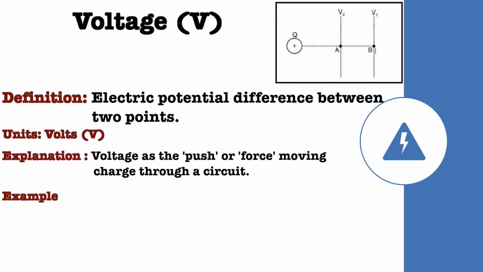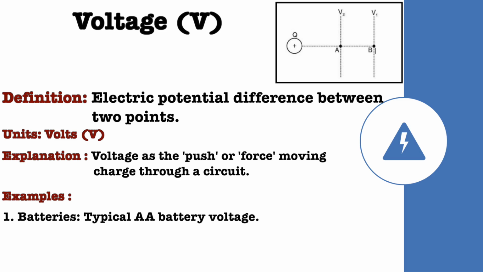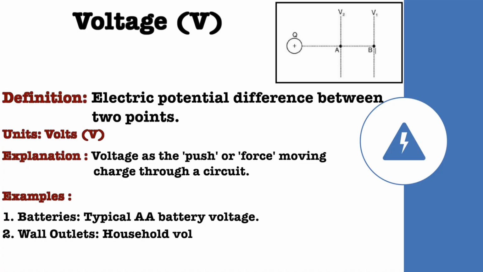Let us look at some everyday examples of voltage. If we talk about batteries, a typical AA battery has a voltage of around 1.5 volts. This voltage provides the energy needed to power devices like remote controls. If we talk about wall outlets, in homes, wall outlets typically provide 120 volts in the US or 230 volts in many other countries like India.